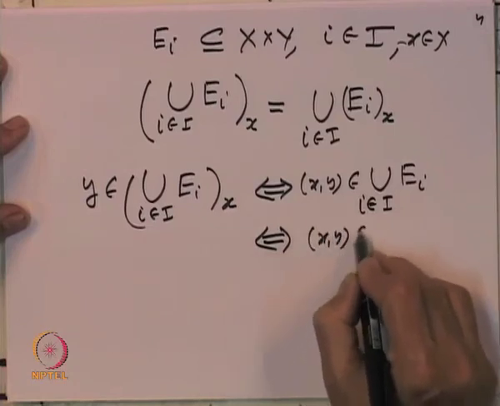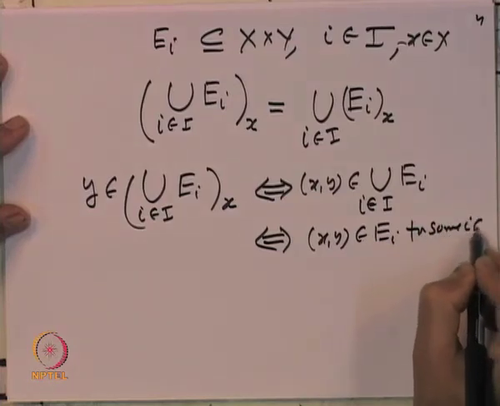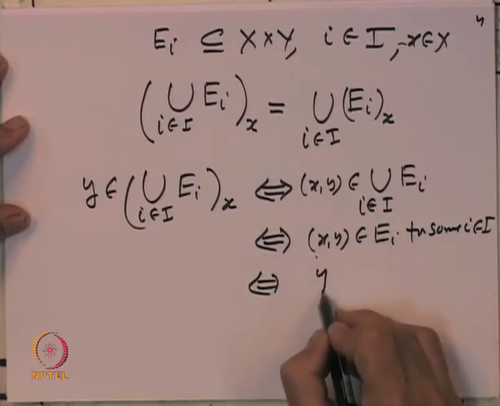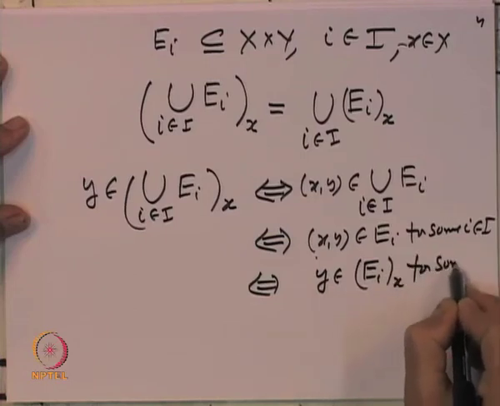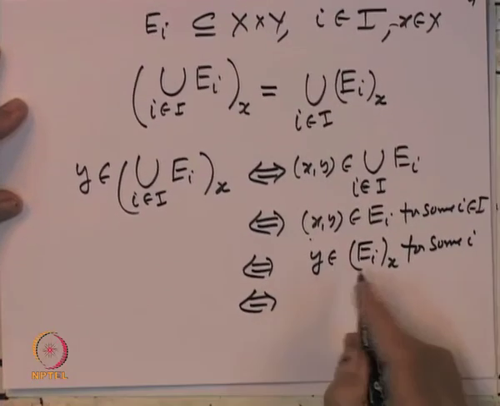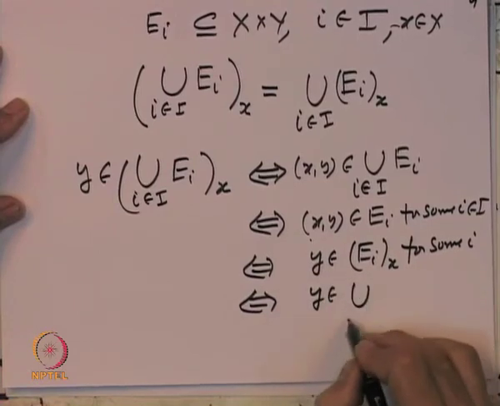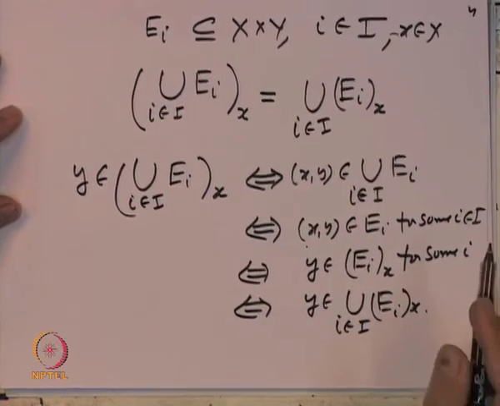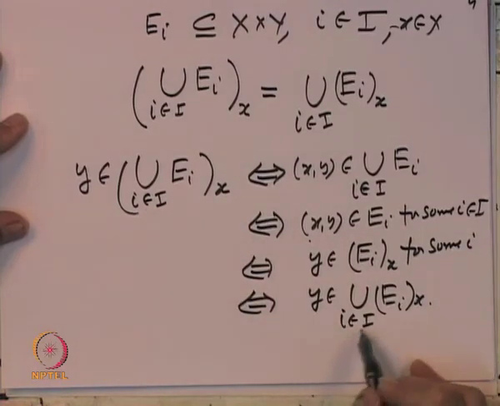So, x comma y belongs to E i for some i belonging to I. But that is the same as saying y belongs to the section E i at x for some i. But that is the same as saying it belongs to the union. So, it belongs to at least one of the sections of E i's, that means y belongs to the union over i belonging to I of E i at the point x. So, y belonging to the section of the union if and only if y belongs to the union of the sections.